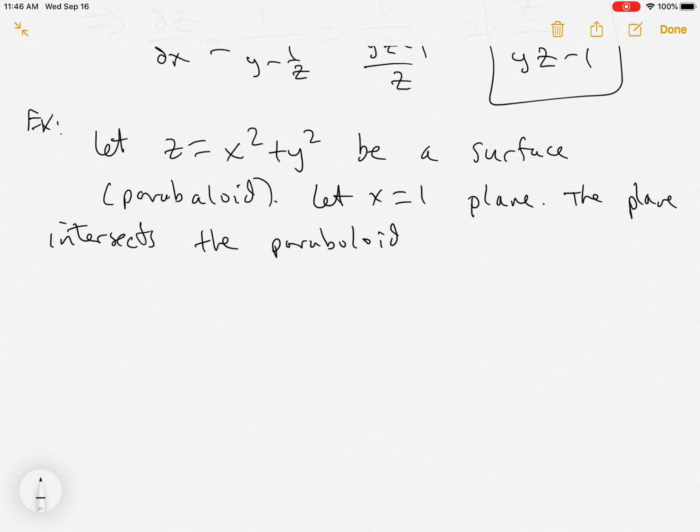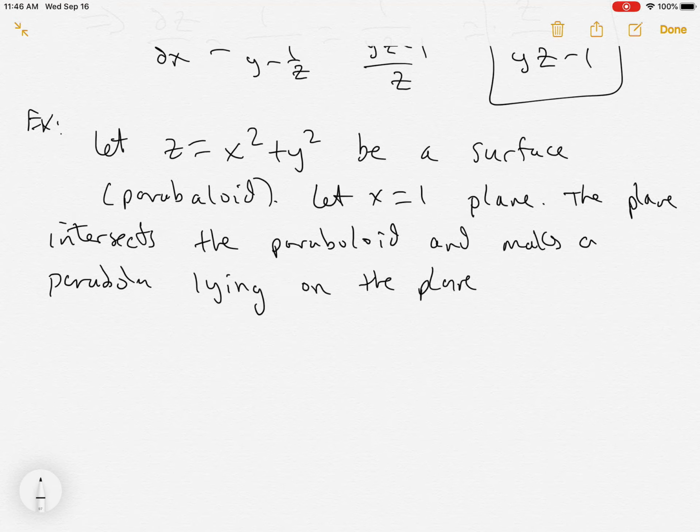And when it cuts the paraboloid, it makes a parabola through the plane x equals 1. So this intersects the paraboloid and makes a parabola lying on the plane x equals 1.